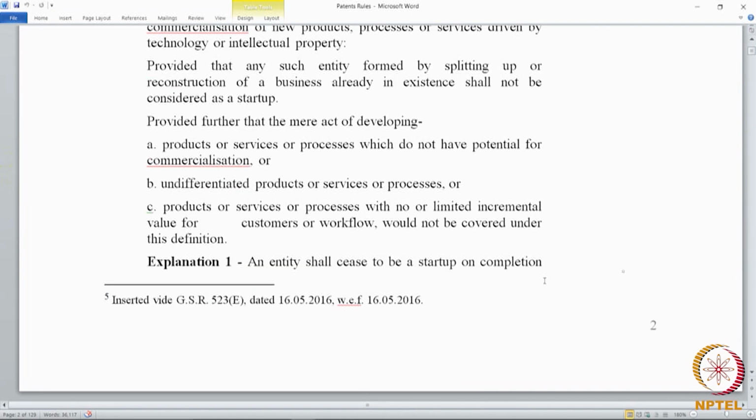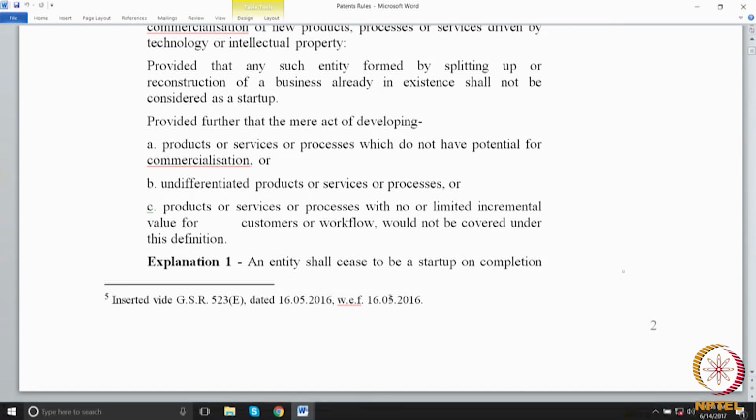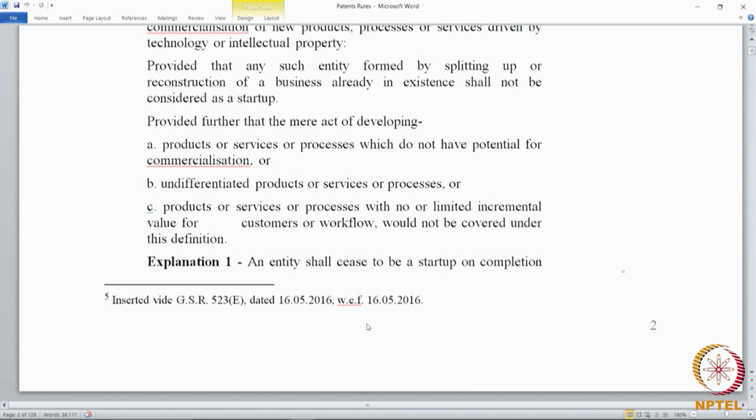Now, we have a few explanations to the definition. First we saw the three positive requirements, then we saw two exceptions, what will not amount to a startup, and now we have 5 explanations. Explanation 1 says when a startup shall cease to be a startup.